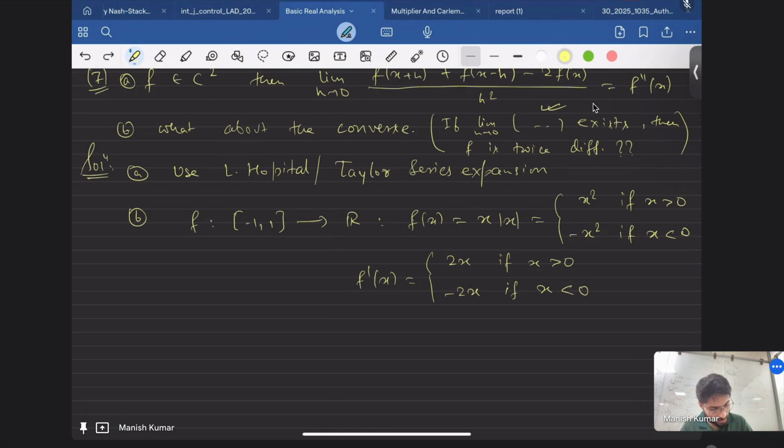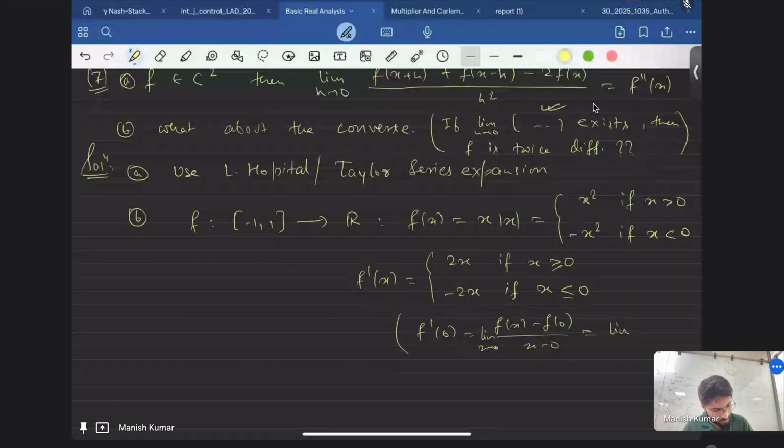For 0 you can prove it separately. f(x) minus f(0) over x minus 0 gives you x, or plus minus x basically. So again the limit will exist, that's all. The limit as x goes to 0 of mod x is 0. So you will get the derivative for this function.